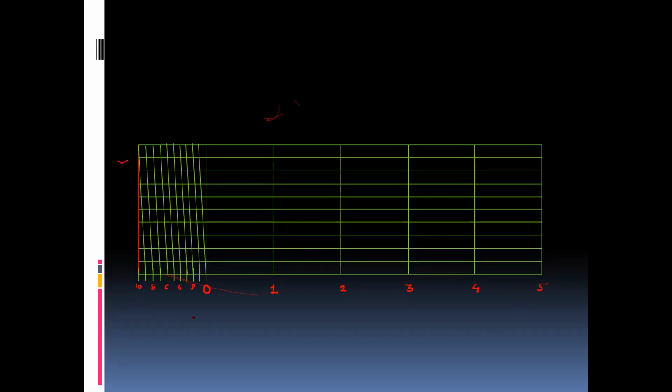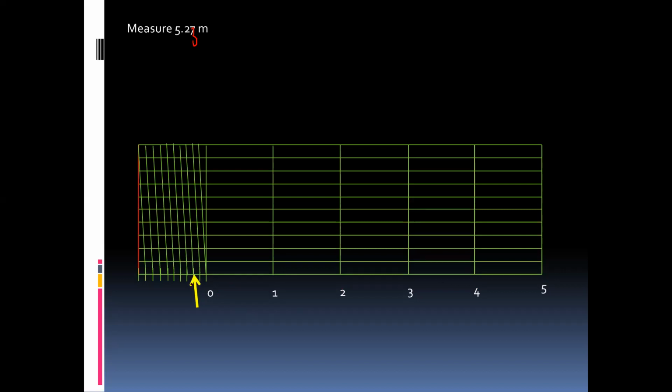Now suppose we want to measure a distance of 5.23 meter. For that, just observe here, after 0, 2 divisions.